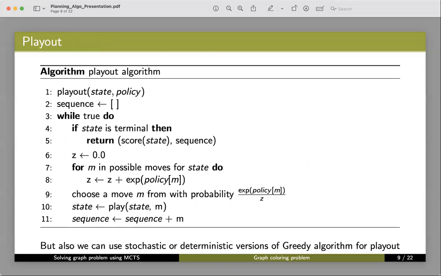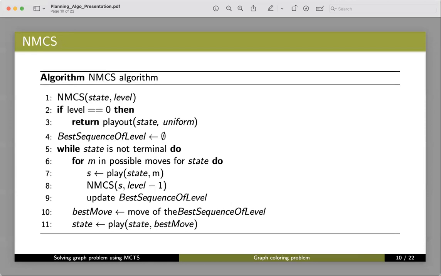The first algorithm is the playout algorithm. The idea is simple. We use the policy to choose the probability of choosing the next move, and when we count it, we can use the next action. But this algorithm is very simple, and we want to find something more stable, which can give us the solution fast.